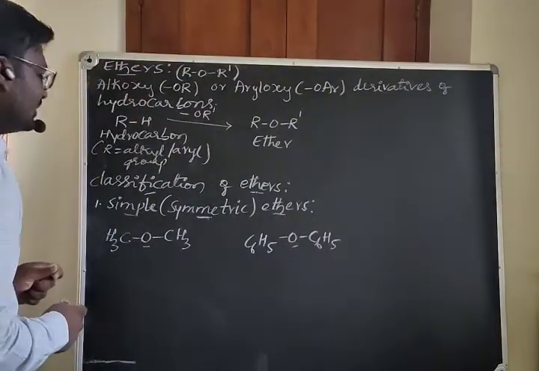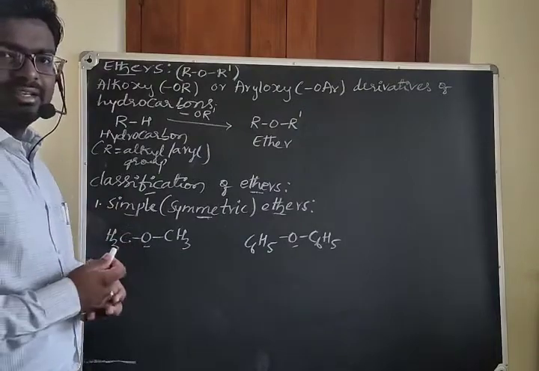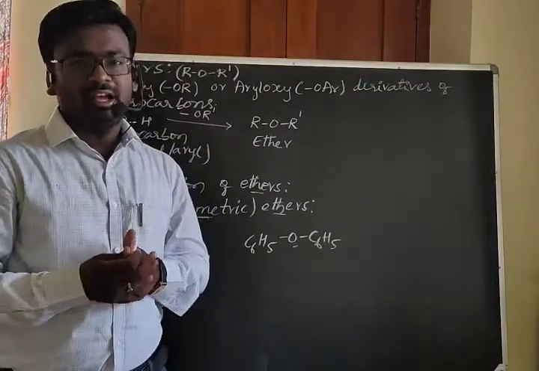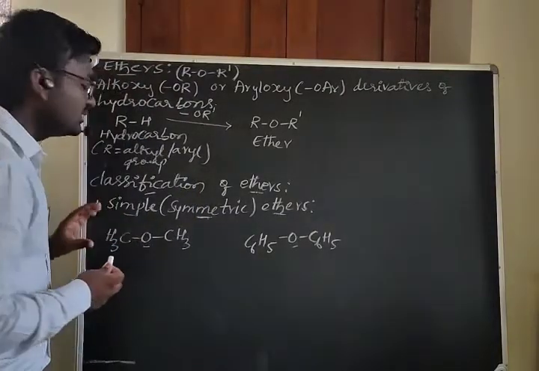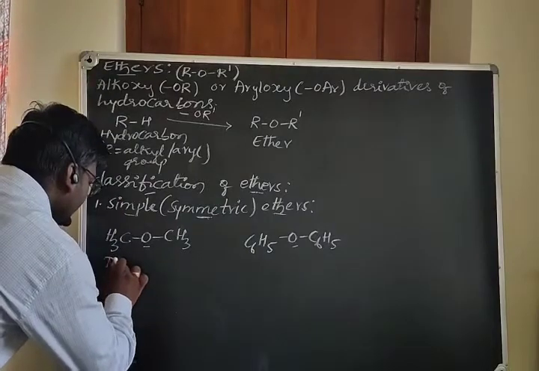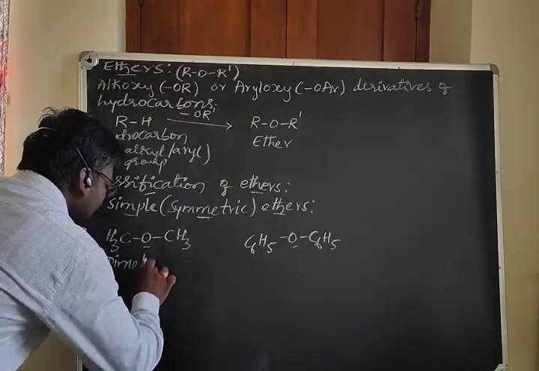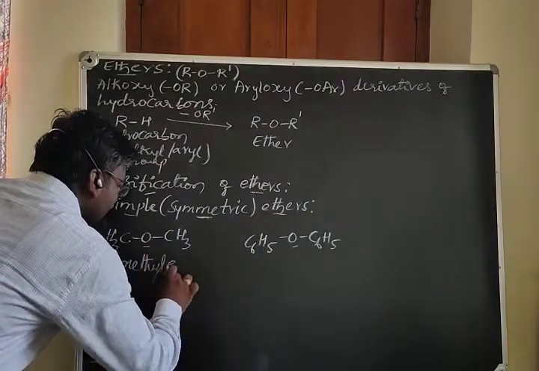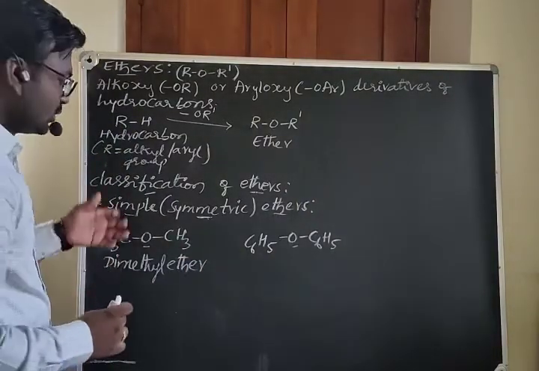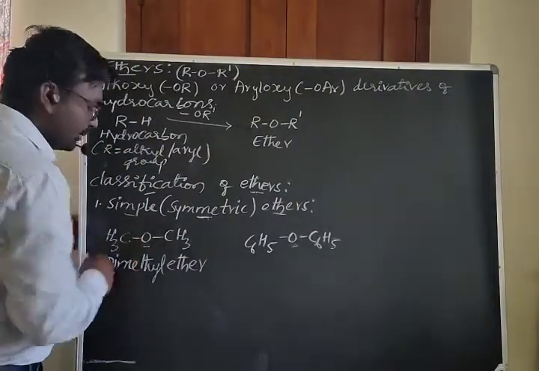So what is the name of this compound? In organic chemistry, most compounds have common names and IUPAC names. Let us consider the common name of this compound: dimethyl ether. The ROR sequence is called ether and two groups are present.